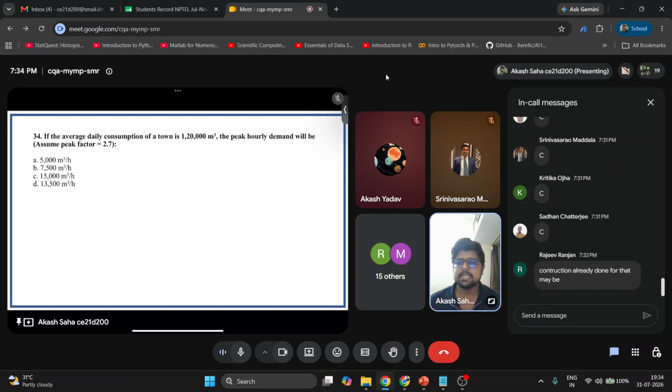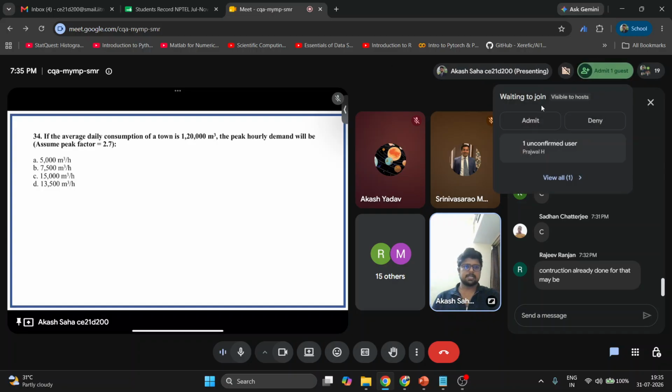If the average daily consumption of a town is 1,20,000 meter cube, the peak hourly demand would be, assuming peak factor to be 2.7. So what will be my peak hourly demand? Quickly tell the answer.